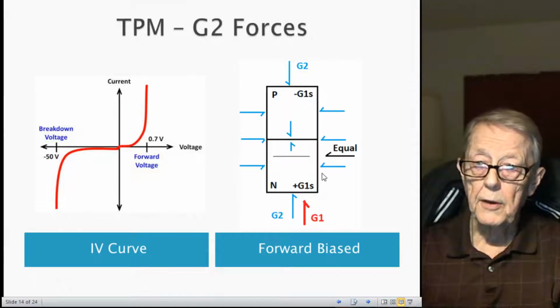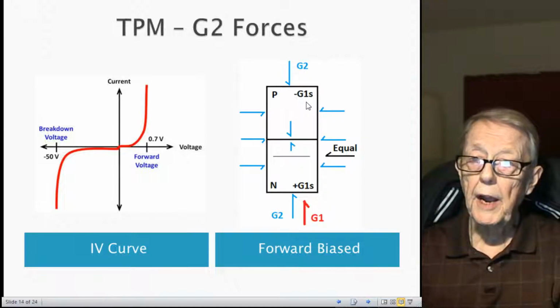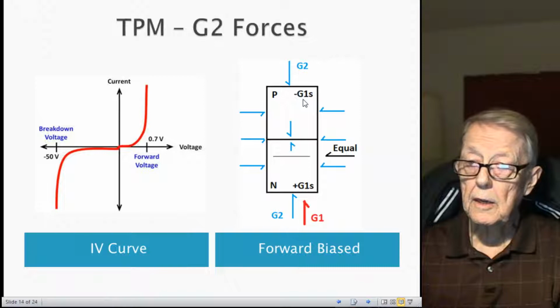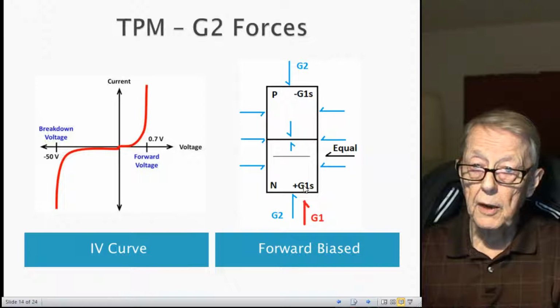This is the P region, where you have missing G1s, because it's positive, and so it's missing electrons. The N region has extra electrons, and that goes from here to the junction. This is the PN junction.